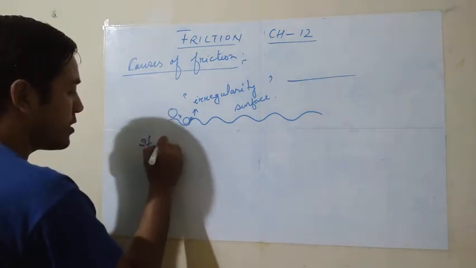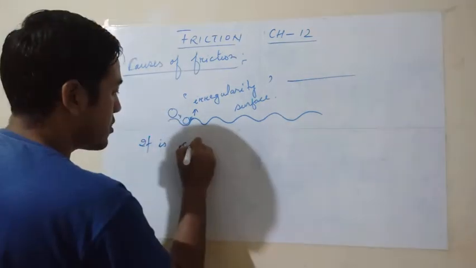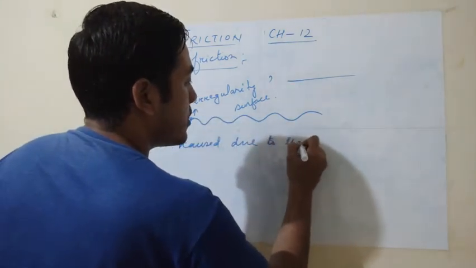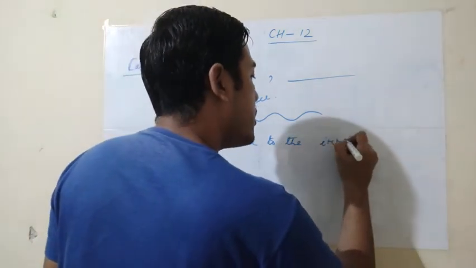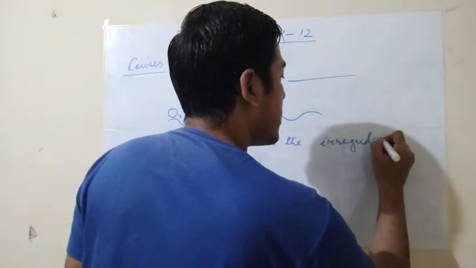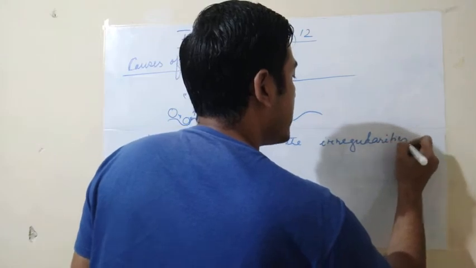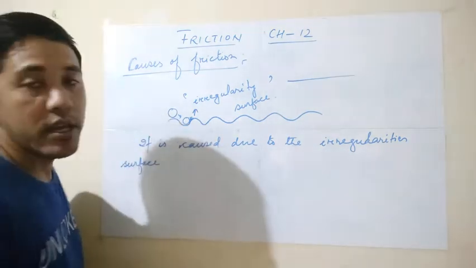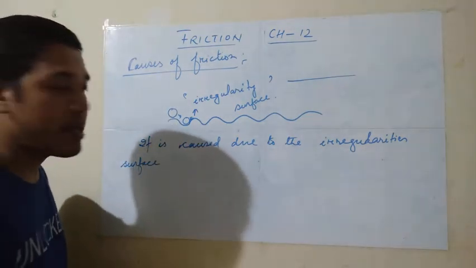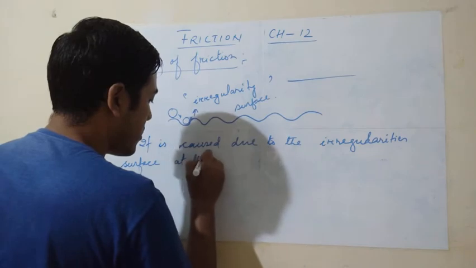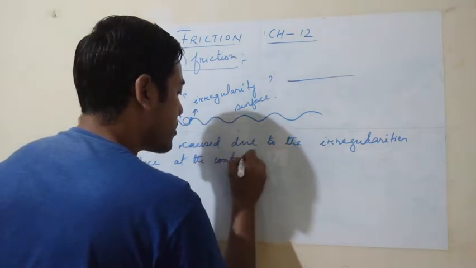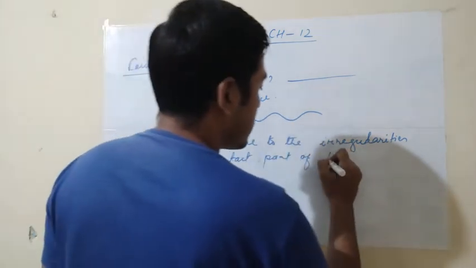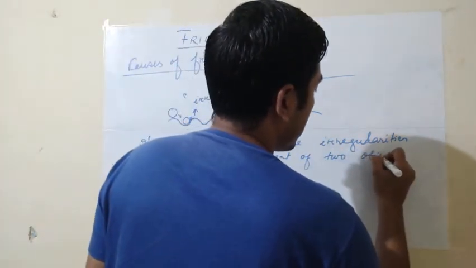It is caused due to the irregularities of the surface, at the contact point of two objects.